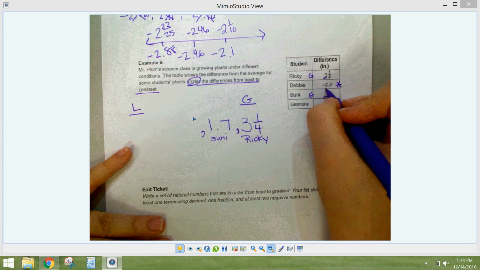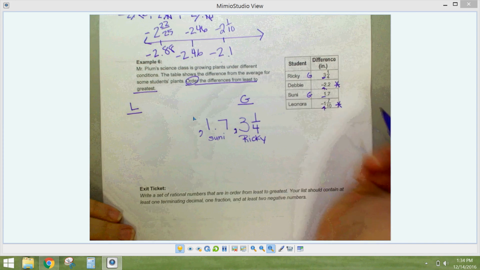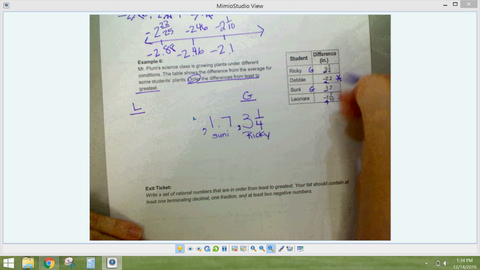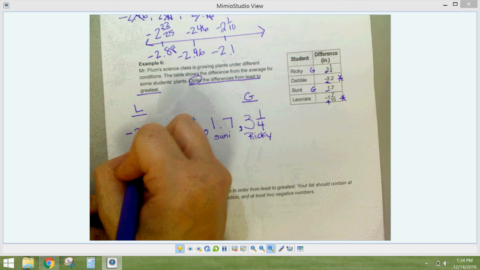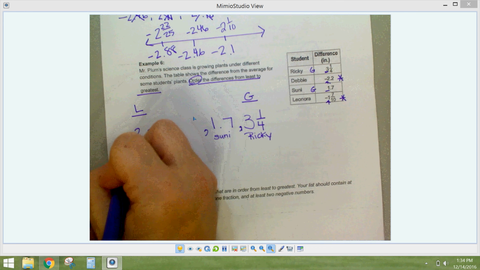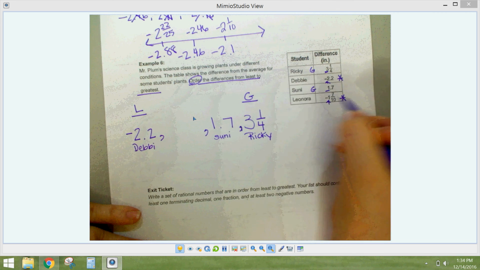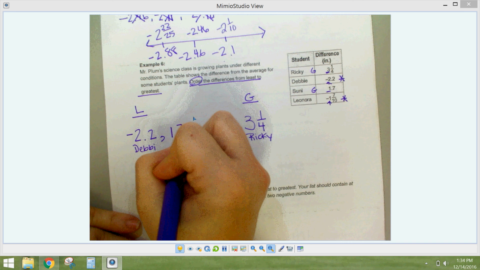And once again, I can just look at those whole numbers to see which one is greater than the other. So if I were to order these, 1 and 2, 2 would be the least, so 2 and 2/10, which is Debbie. And the other one is Lenore, and it's just 1 and 7/10.